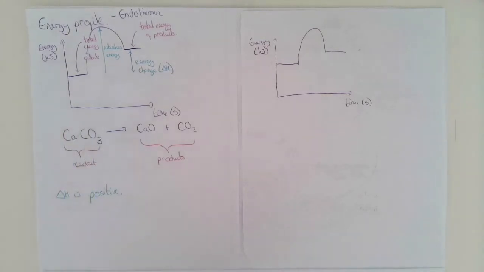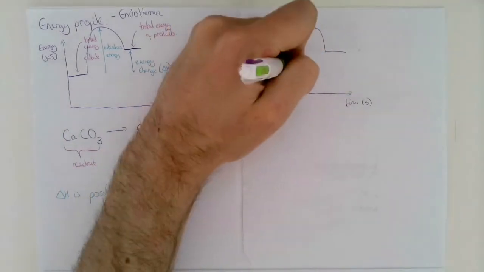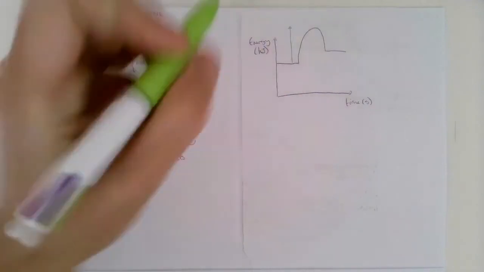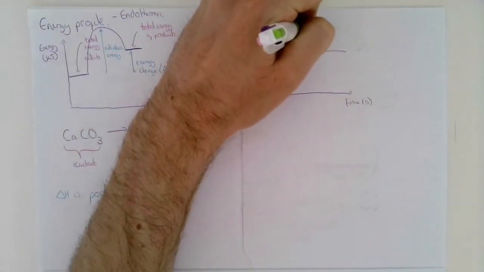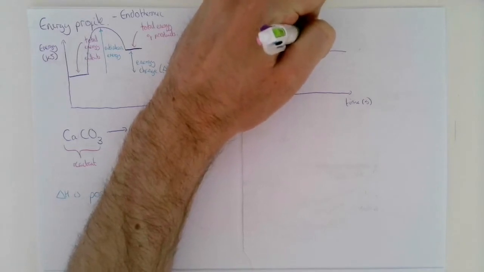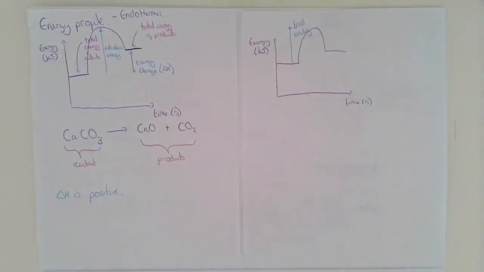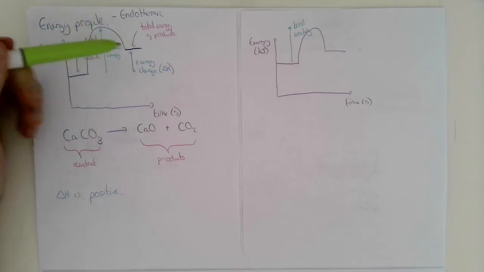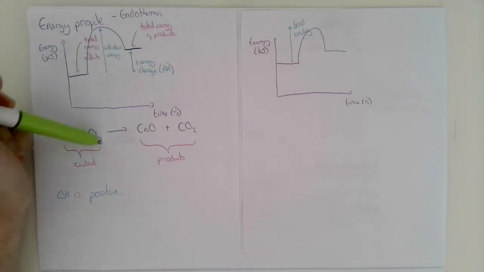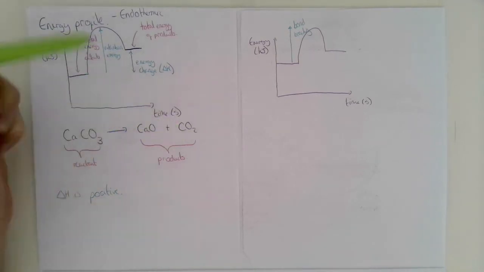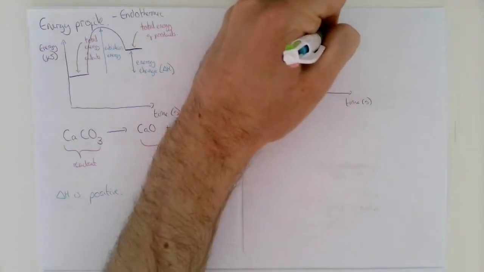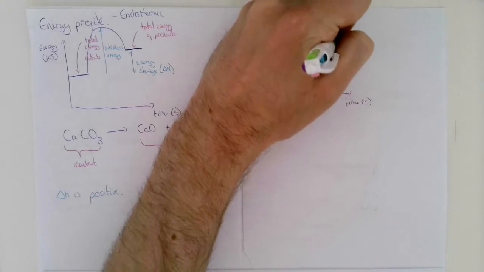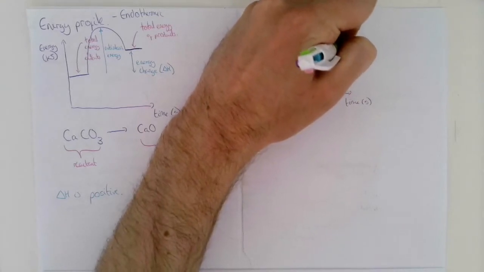So this gap here, same as the activation energy, is the bond breaking energy. That's the energy that we need to break the bonds. And then once I've broken all of those bonds, I need to make all the bonds that we've got in here. So this is bond making.